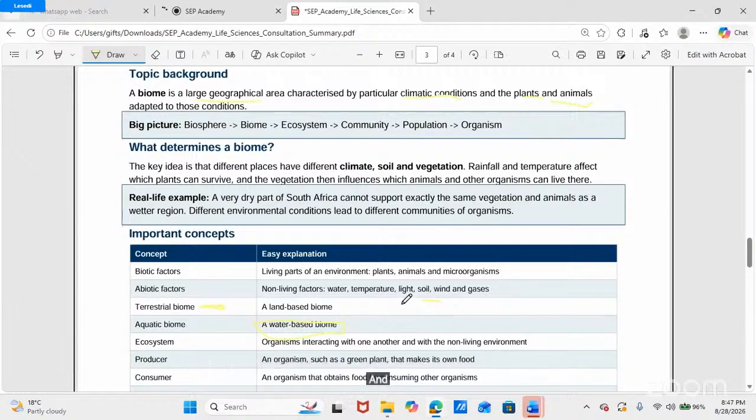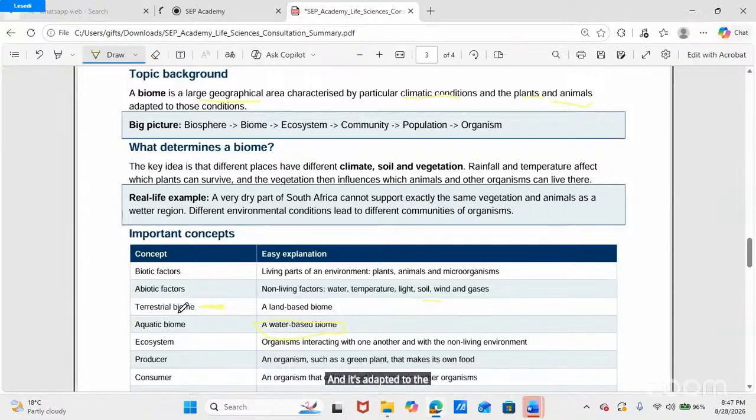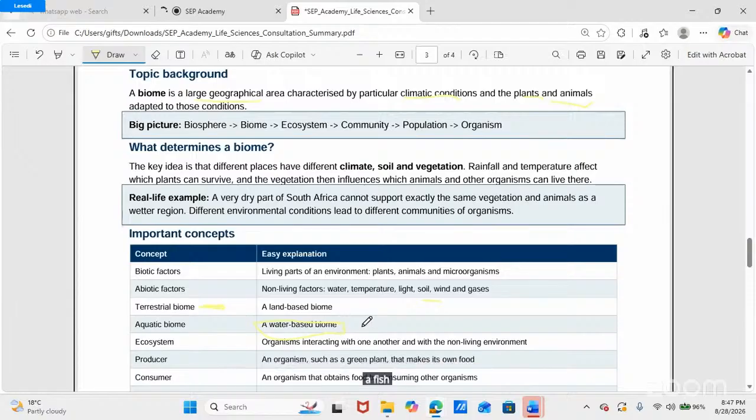And we have fish. You can never see a fish on land. That's an aquatic animal. It's adapted to the conditions of living underwater and breathing underwater. So that's why you can never see a cow living underwater, and you cannot see a fish living on land. So that's why we have an aquatic biome, which is a water-based biome.